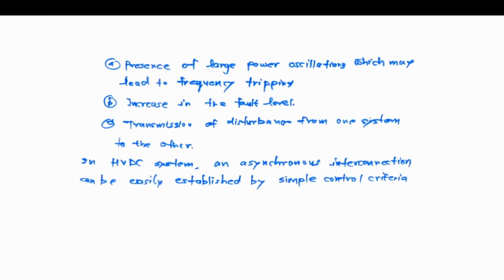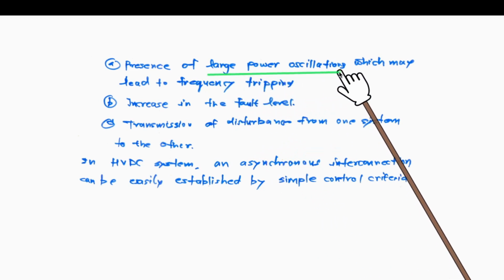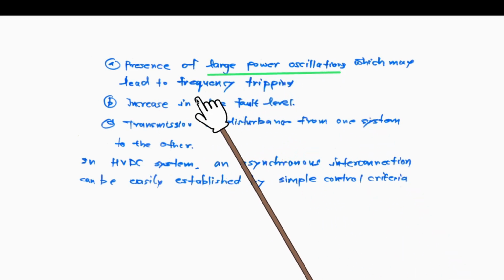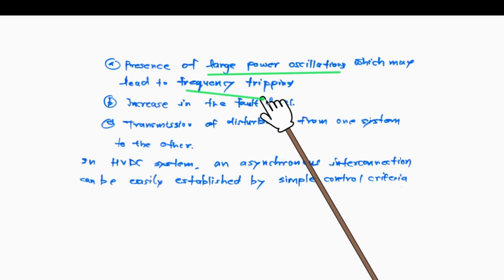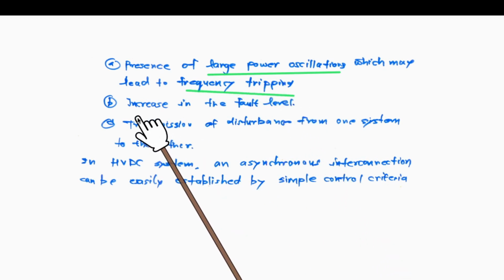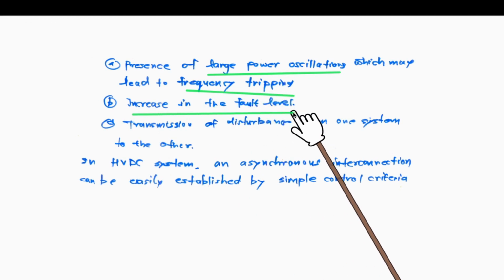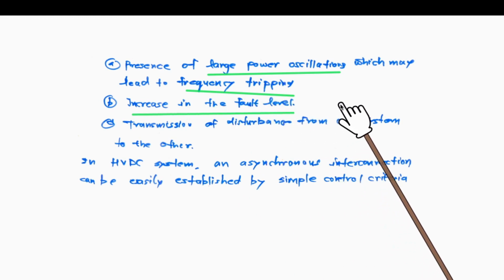So what are those difficulties? Those difficulties are presence of large power oscillations, that may lead to frequency tripping. Or you may consider increase in the fault level. एक सिस्टम जब दूसरे सिस्टम से जुड़ जाएगा तो उसका जनरेटर, सब जनरेटर्स पैरेलल में आ जाएंगे, फॉल्ट लेवल बढ़ जाएगा.